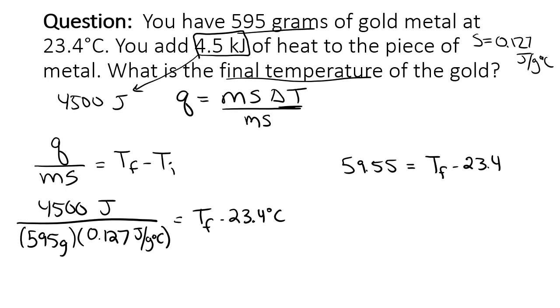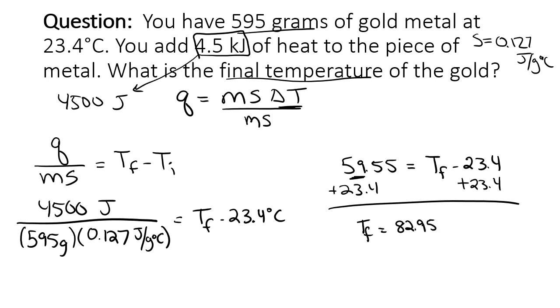We should pay attention that one of these values, the 4500, only has 2 sig figs. So my measurement that I have here probably only has 2 sig figs also. I'm not going to round it off right now. I will add 23.4 to both sides, and what I'll get is that the final temperature is equal to 82.95.